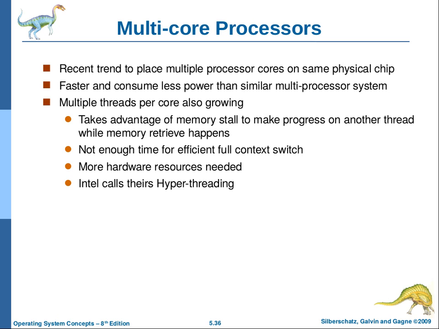Is this the same threads as like a process thread? Yes. The way this works is the processor reports to the operating system, let's say it's a single core with hyperthreading, that it's actually 2 cores. And then the operating system would put these instructions on this core, put these instructions on that core.